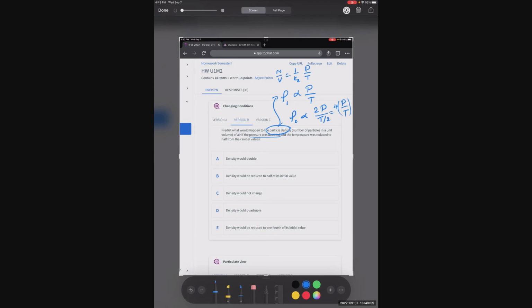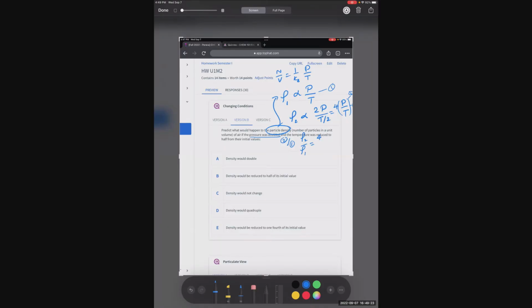So you know, the P over T is our initial value. We can do another thing actually. This is our first equation, this is our second equation. If you divide the second equation by the first equation, you're going to get rho 2 divided by rho 1 is equal to 4 divided by 1.